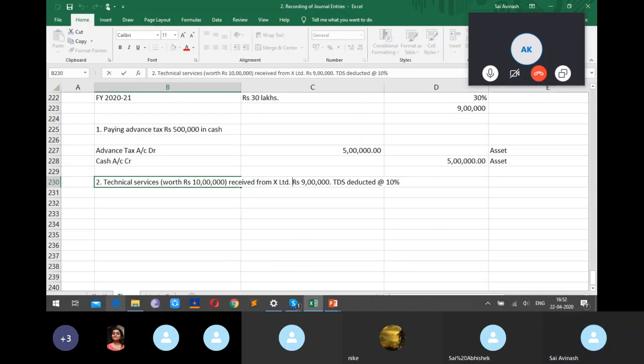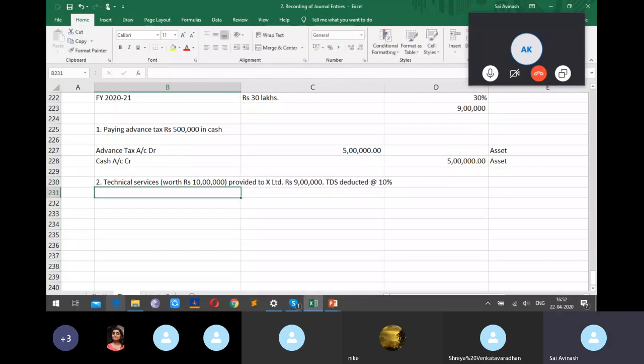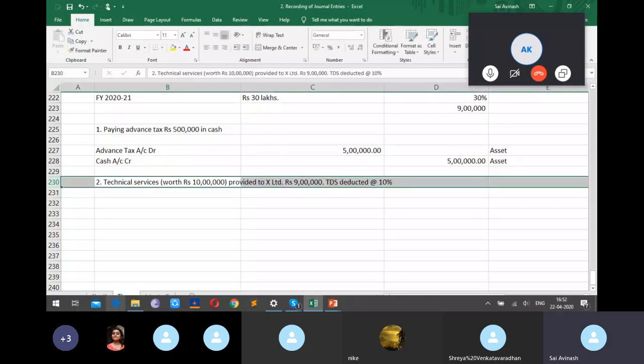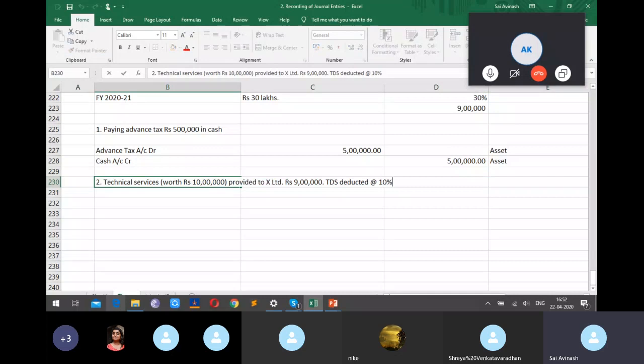I'm providing my services, so this is based on money that you have to receive. I'm providing technical services to X Limited, and TDS is deducted at 10%.